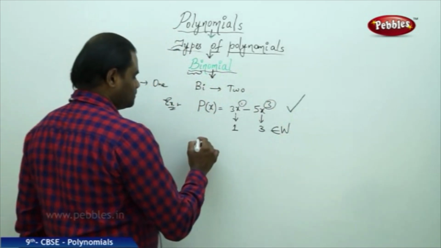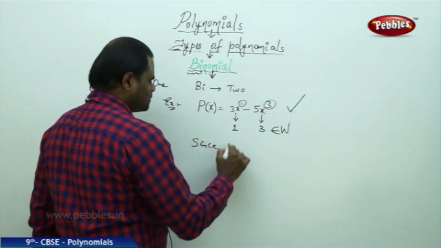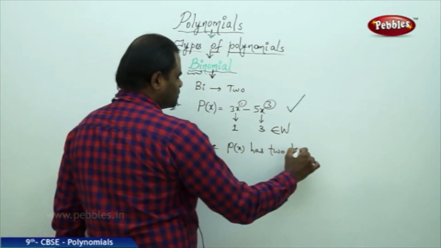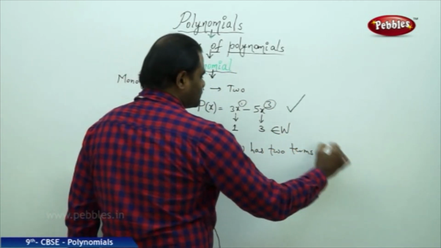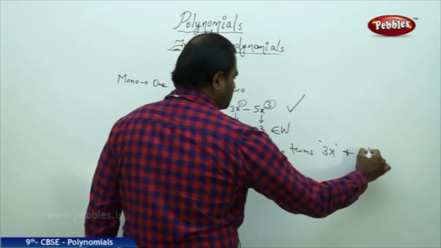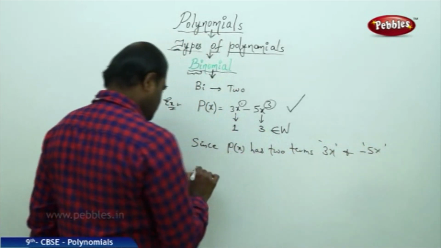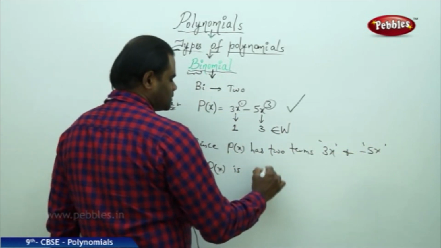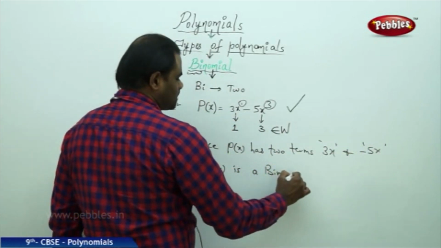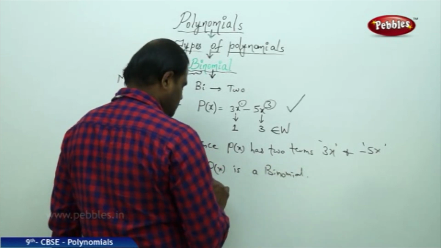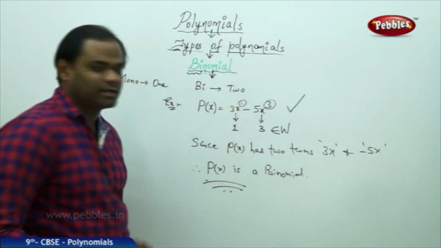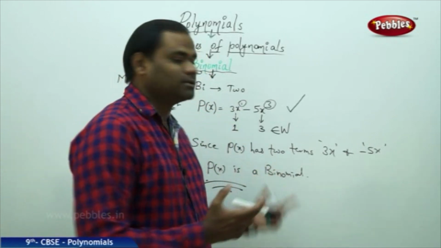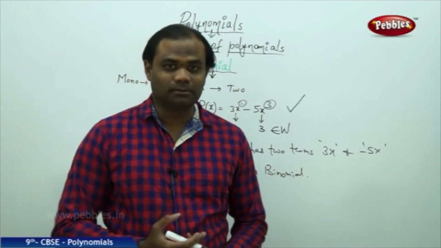Therefore, since p of x has two terms, 3x and minus 5x cubed, therefore p of x is a binomial, is how we understand the definition of a binomial using the properties of the polynomial.